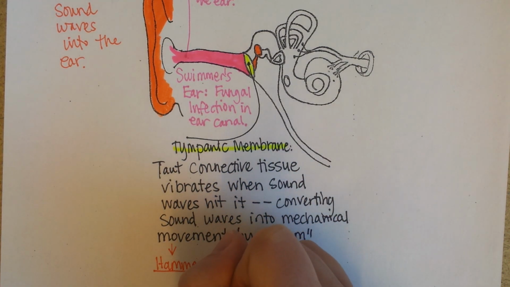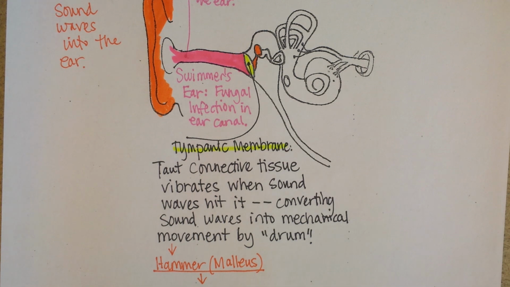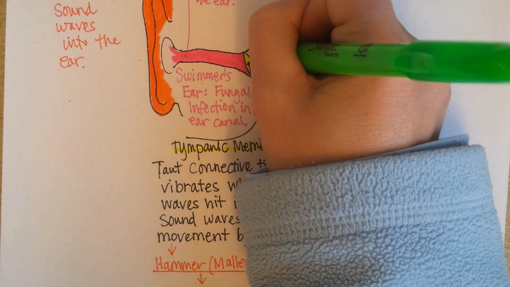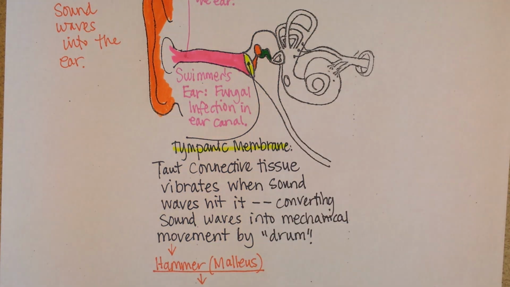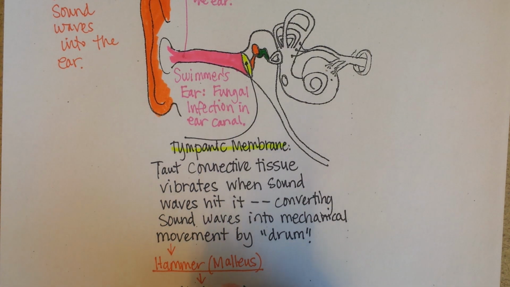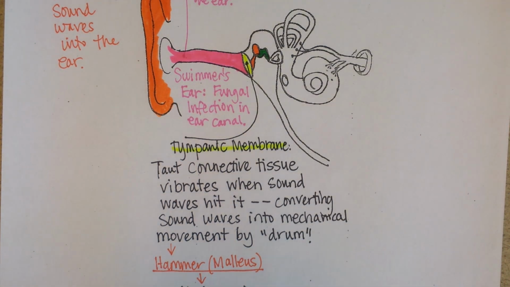And then that is converted, it's stuck to the next one, the anvil, or the incus. So it's like a hammer hits an anvil. And then when that wiggles, it causes the next one to wiggle, the stapes.